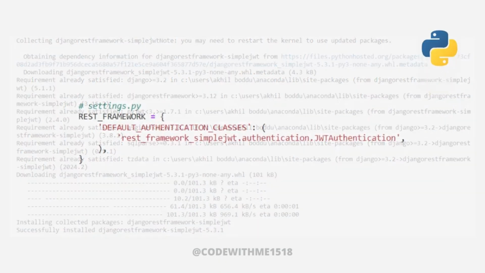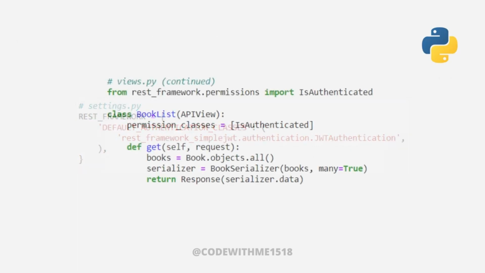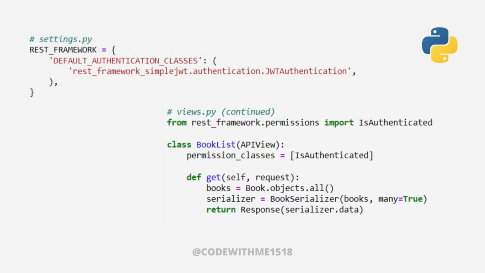Next, update the settings to include JWT authentication. Now, we can add authentication to our API views. In this example, we've added a permission class to ensure that only authenticated users can access the book list view. You can easily customize these permissions based on your app's needs.